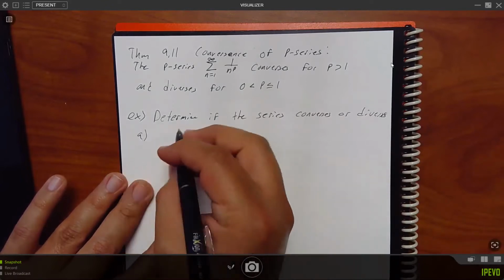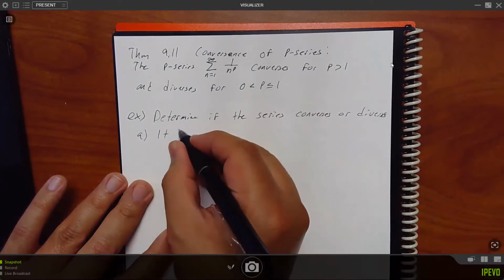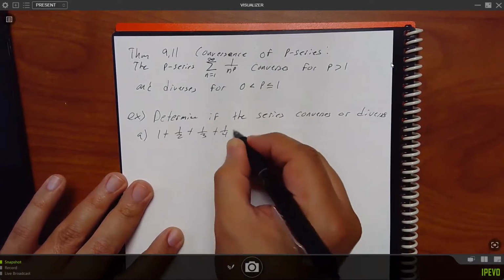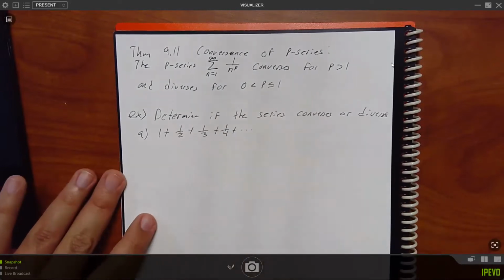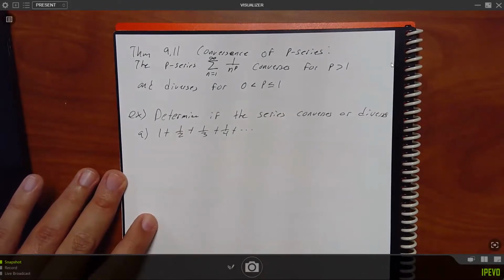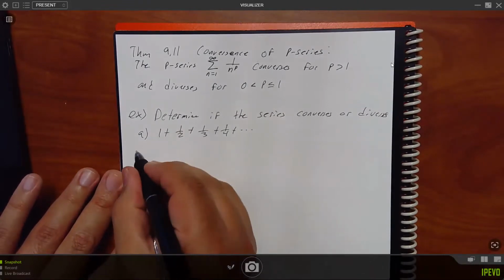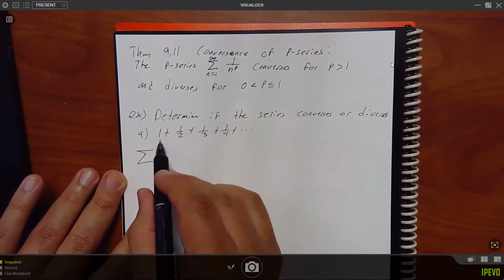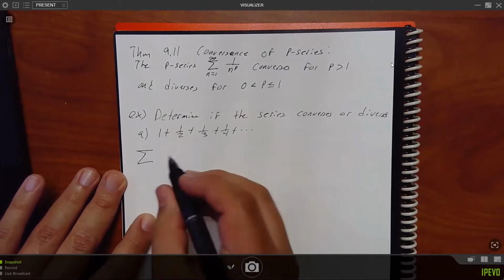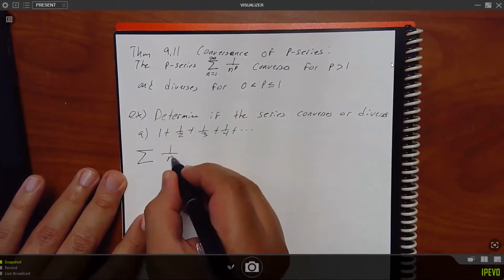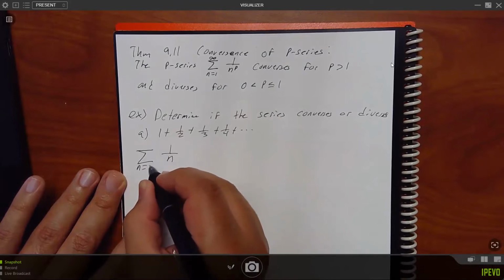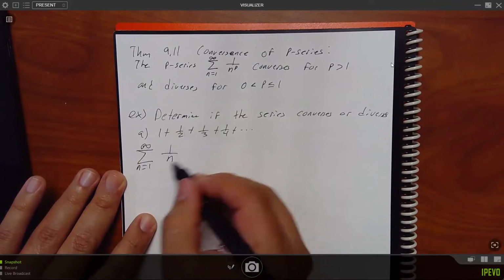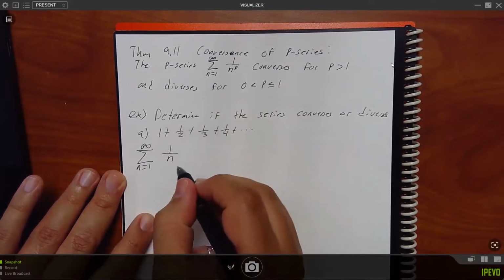Sometimes they might not give you an actual series. You have to figure it out yourself. So what is the pattern here? The bottom is increasing by 1, right? The top is the same. So you agree that this is 1 over n, right? Starting at 1. 1 over 1 is 1, 1 over 2, 1 over 3, right? So this works. So sometimes you need to find this yourself.